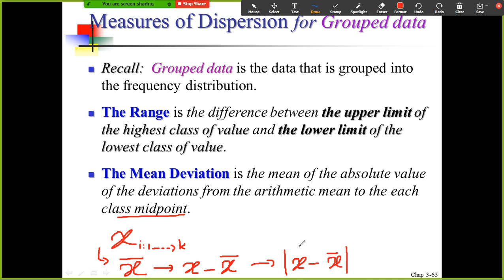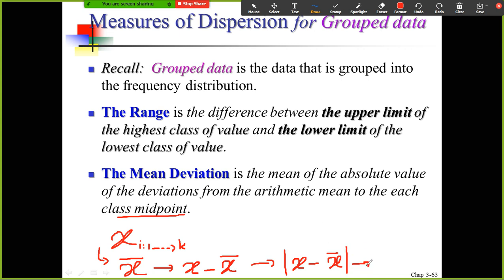There's no negative, no positive sign. We put absolute value in order to eliminate the sign.